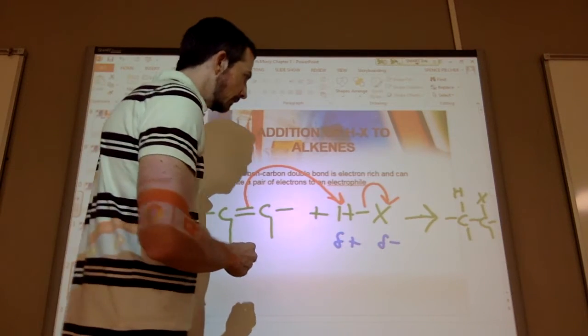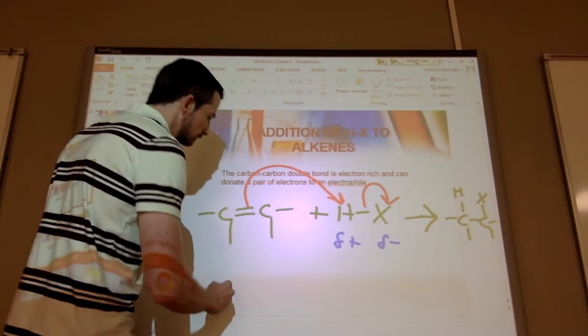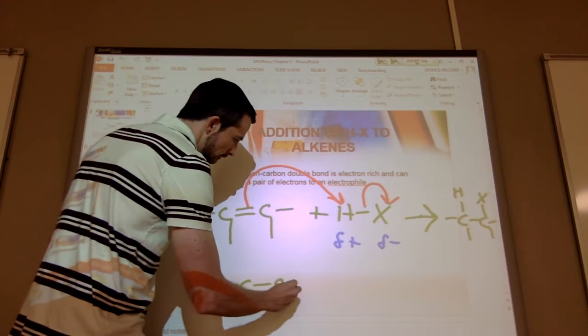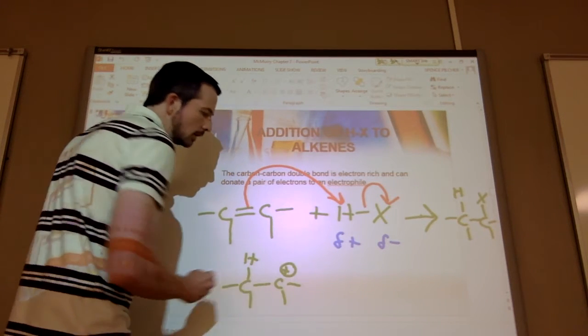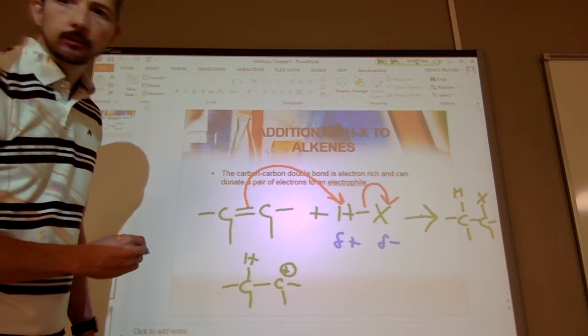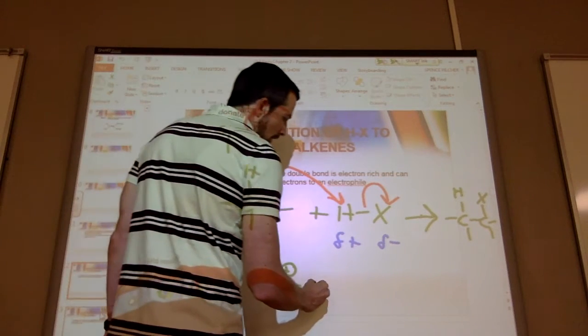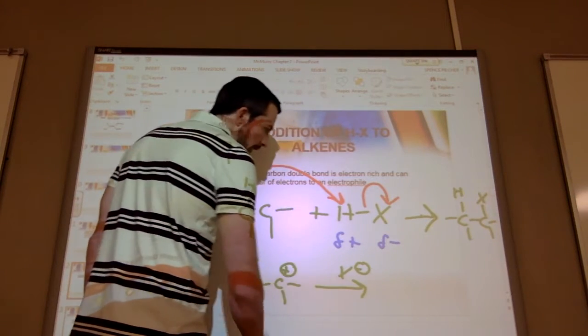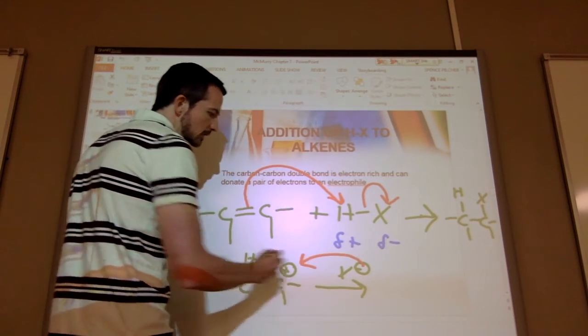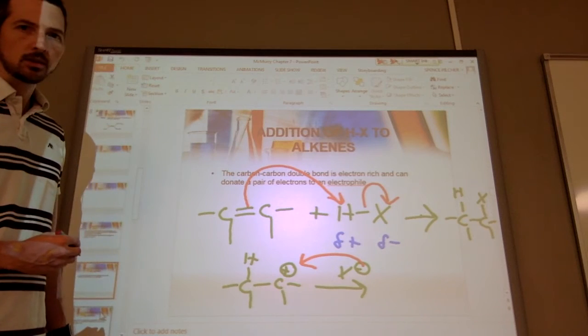So if we look at the complete mechanism, the H adds to one side, positive charge at the other side. And the halogen will attach to the carbon.